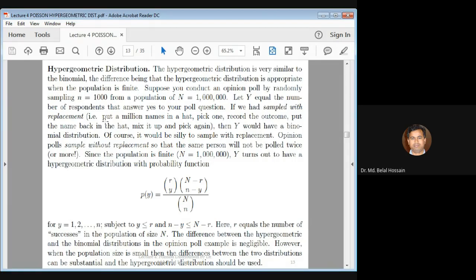And if you sample one number and then put it outside the box so that it cannot come out again, that is without replacement. Then Y would have a binomial distribution if it is done with replacement. Of course, it would be silly to sample with replacement.